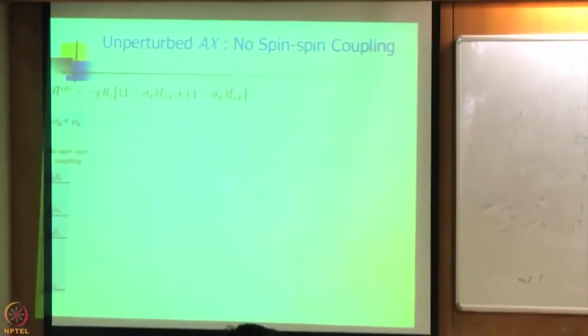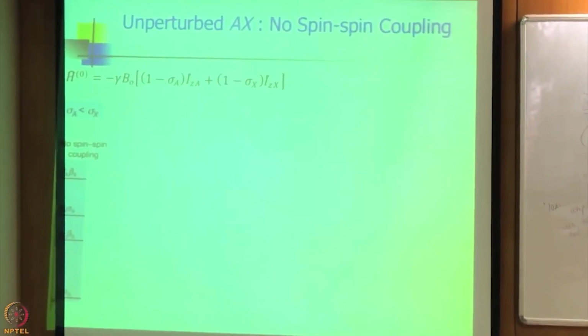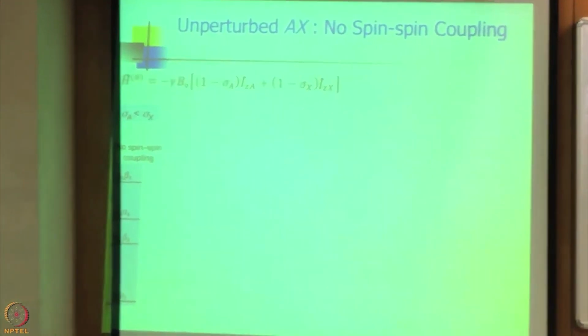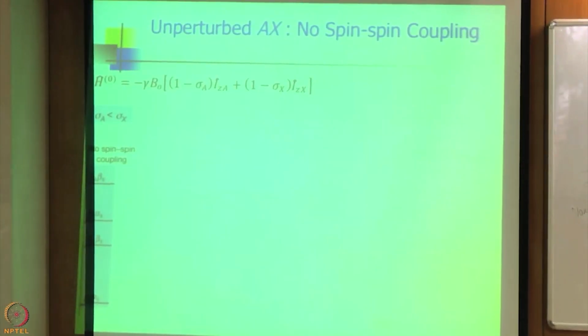Hamiltonian for A, I have to write minus gamma B0, 1 minus sigma A multiplied by Iz of A. I have to bring in A and x because now we have two nuclei, right? If I just write Iz, that is not enough.